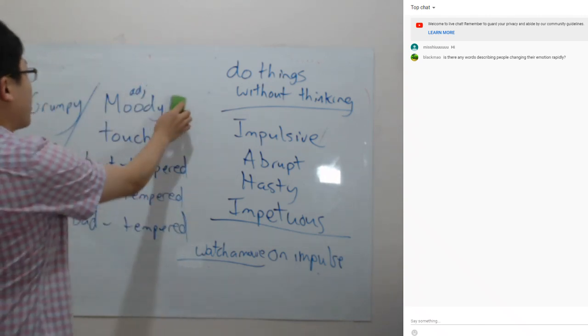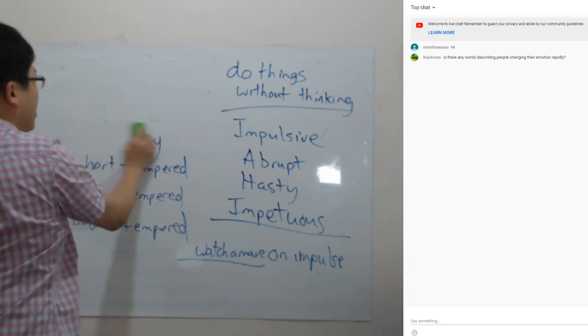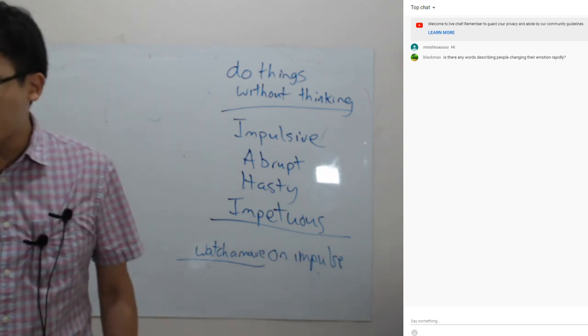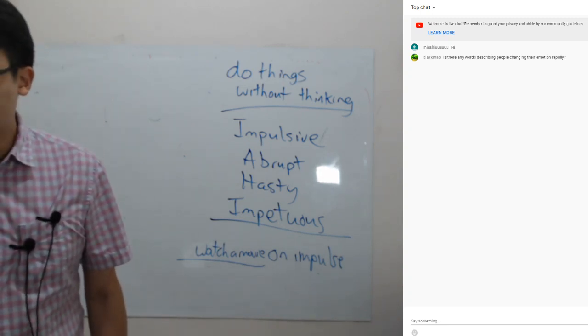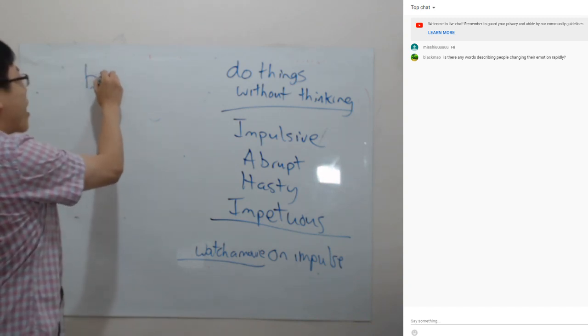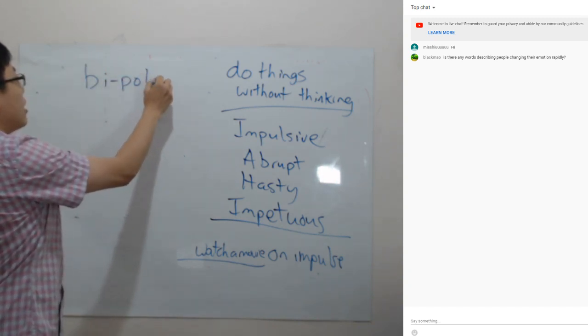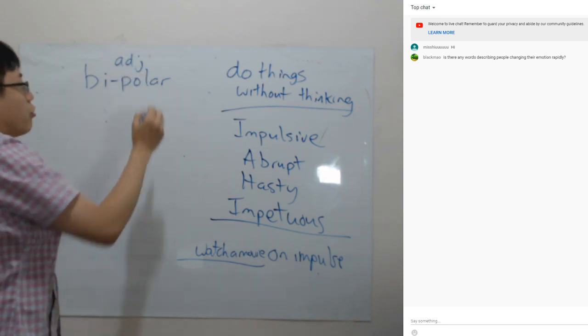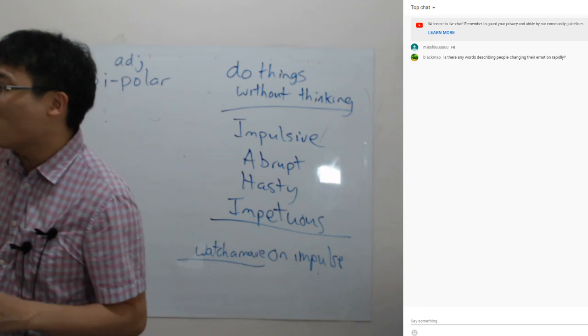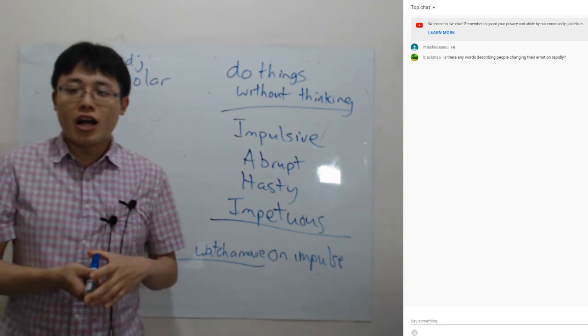I'm just going to erase this side of the board. If people change their attitudes and their moods quite quickly, usually if you want to be very insulting, we would call them bipolar. But bipolar is actually a medical condition.